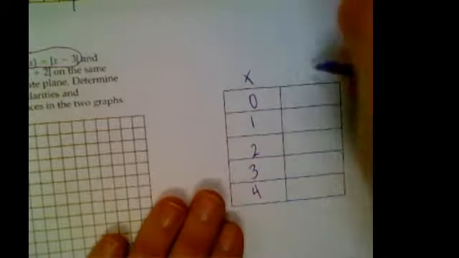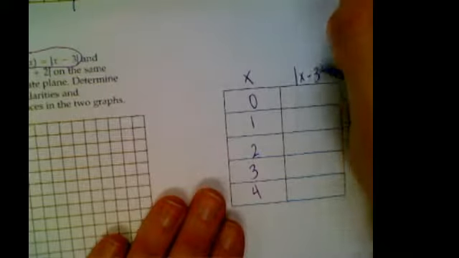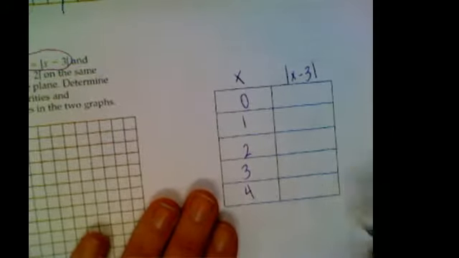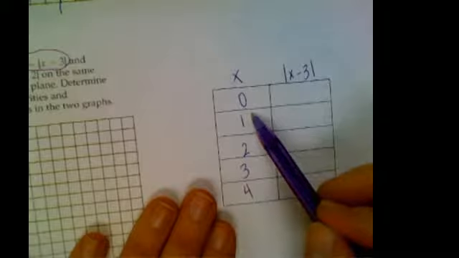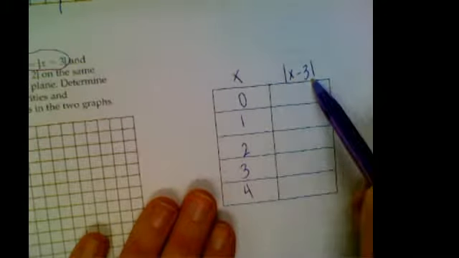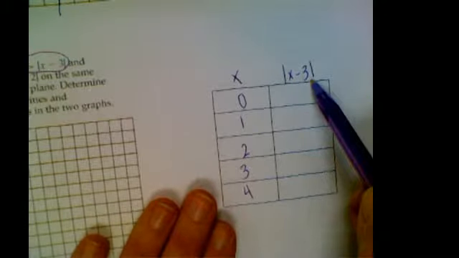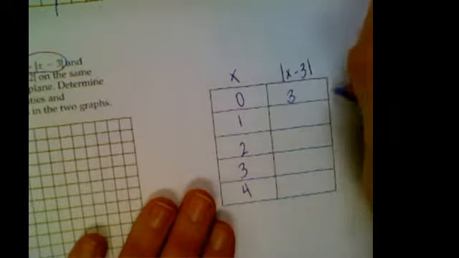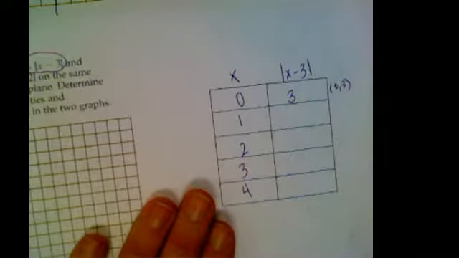So let's go ahead and choose our x values. So let's just stay consistent and pick what we chose before. We're going to go ahead and plug into our function. So if I have 0 minus 3, I get the absolute value of a -3, which is 3. So that gives me the ordered pair 0, 3.